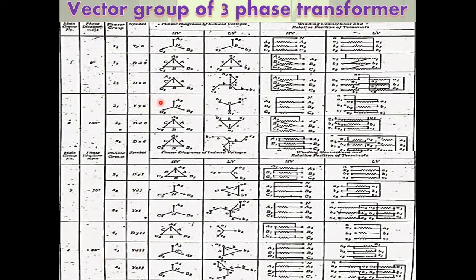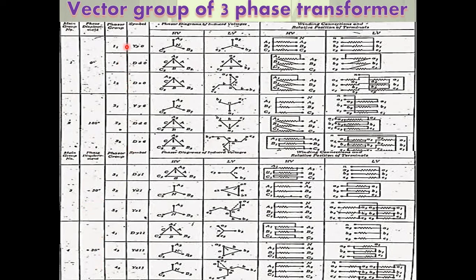In addition to terminal markings on HV sides and LV sides, vector diagrams are required to show the angular displacement between HV and LV winding. Here it is the HV type vector group, and this is the LV type vector group. This is 0 degree phase displacement, 180 degree, minus 30 degree, and plus 30 degree.